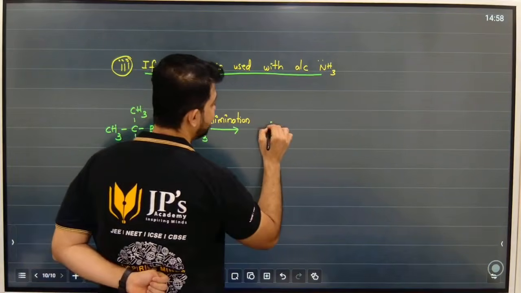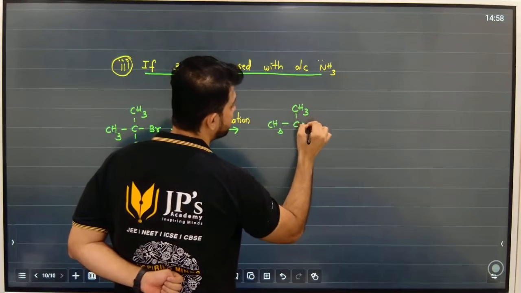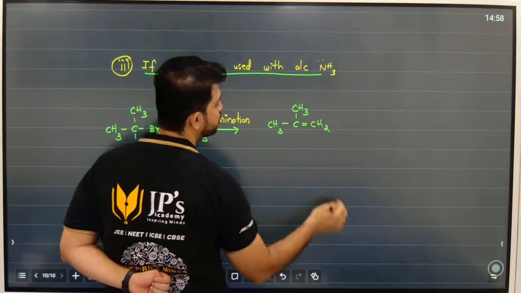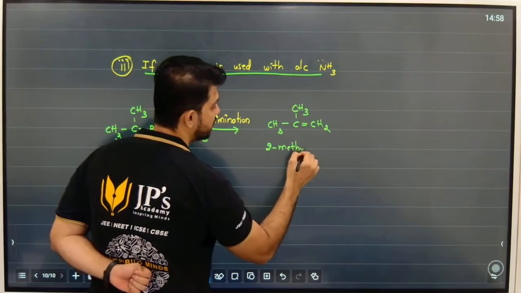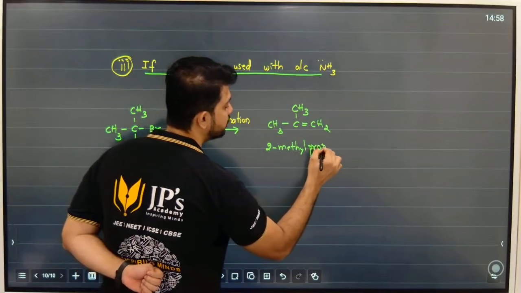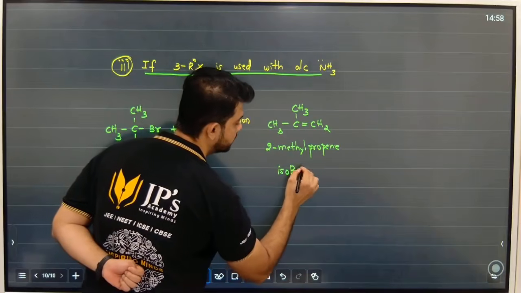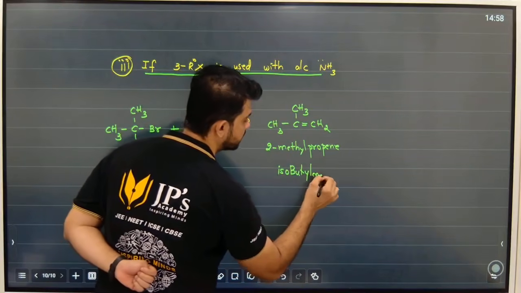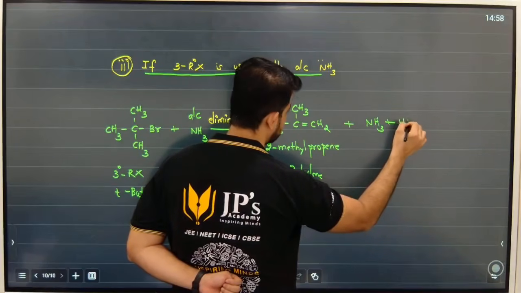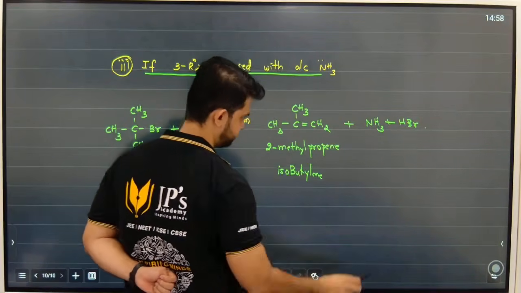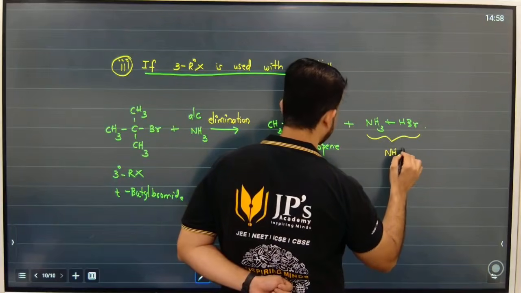And we get an alkene. So, आपका product होगा students 2-methyl propene. Yeah, you can also call this compound as isobutylene. You can further say this can form NH4Br.